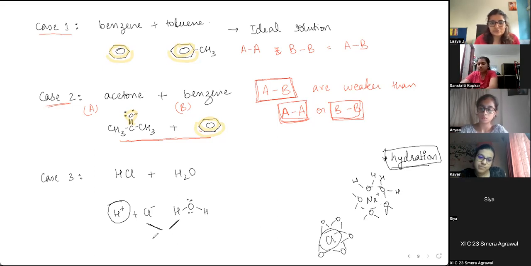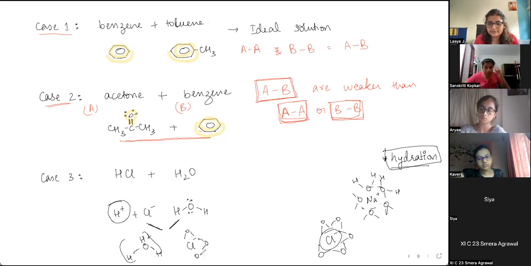Okay, so once you know that that happens, you have a hydronium ion, and you have a chloride ion also, which is surrounded by water molecules, also hydrated. In this case, what can you say about the interactions?